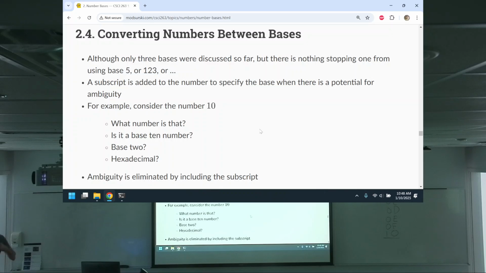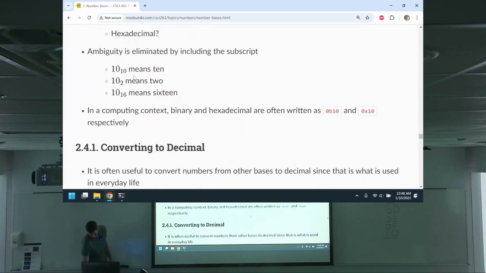Because remember, it's just an encoding. 101 has meaning if you know how to decode 101, right? So what's the number 10? Subscript 10 means 10 in base 10, subscript 2 means base 2, subscript 16 means base 16.